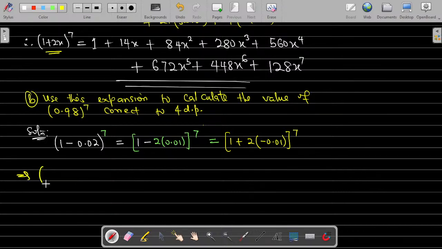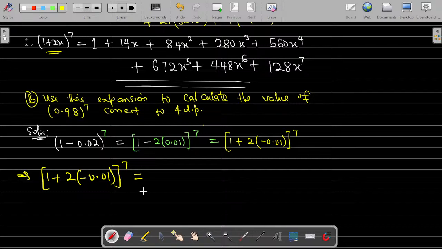So that means that our 0.98 raised to the power of 7, which is the same thing as 1 plus 2 into minus 0.01 all raised to the power of 7, is going to be equal to, remember here now that our x is minus 0.01.